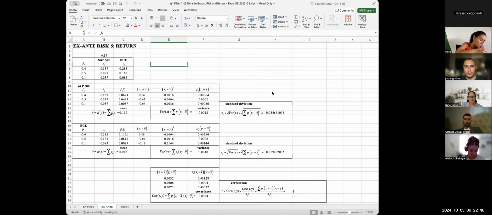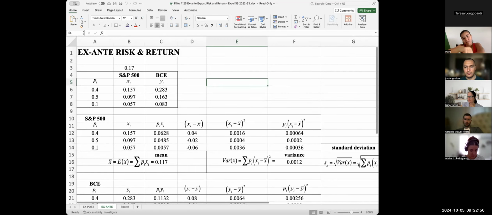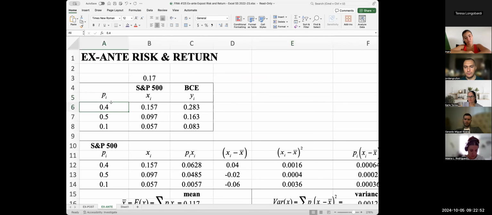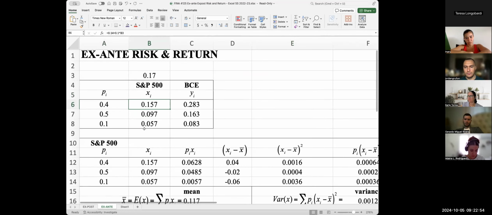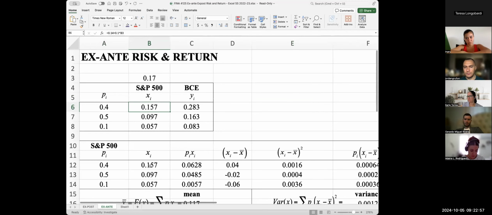Oh, okay, so this is it. If you can see that, let me make it a bit bigger. So I have the data here, and I've made columns and formulas using the columns to calculate each step.